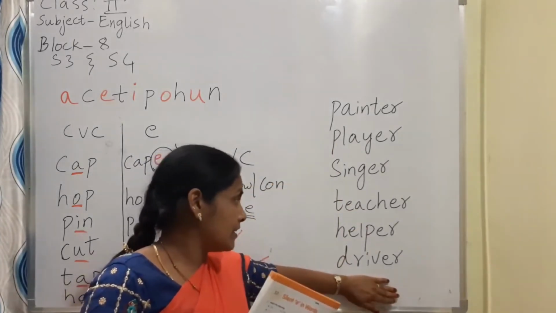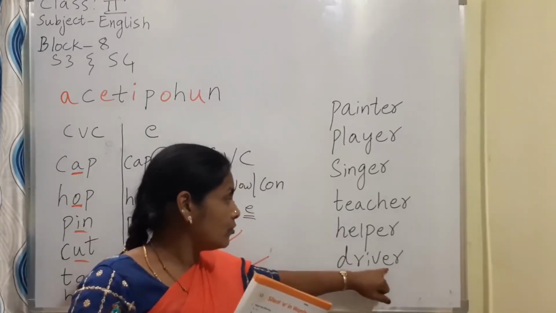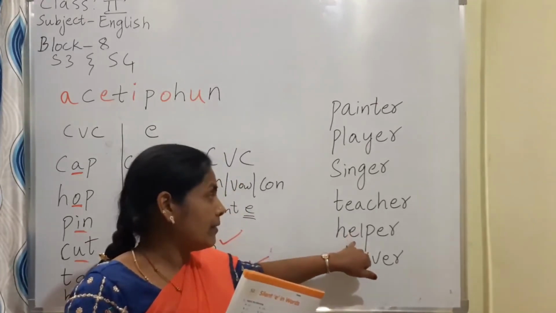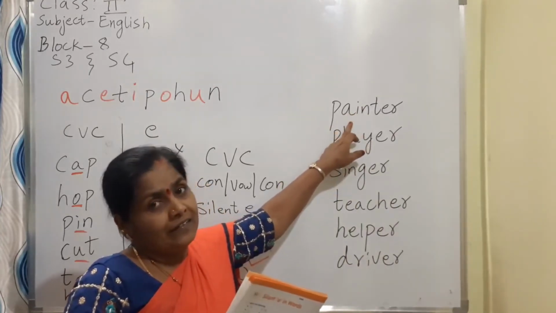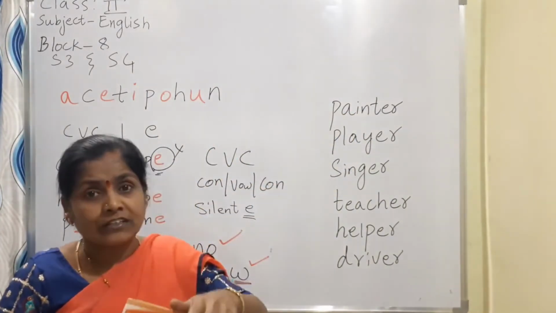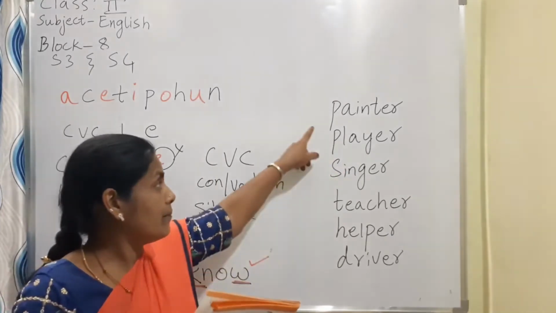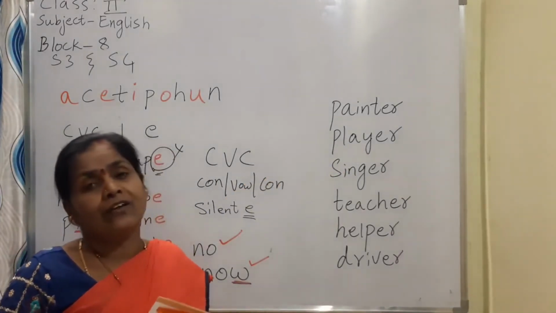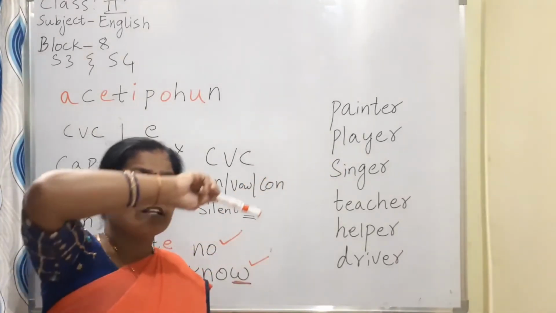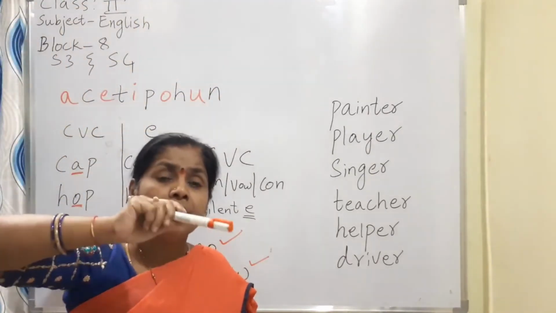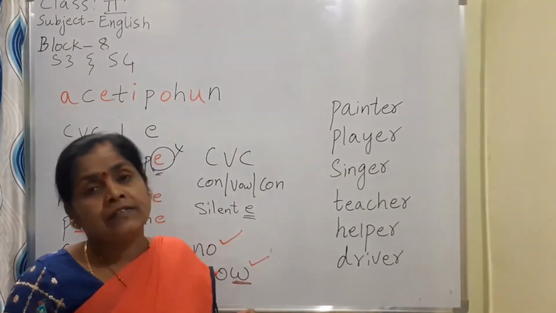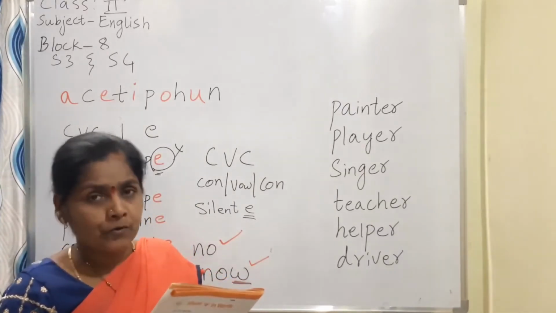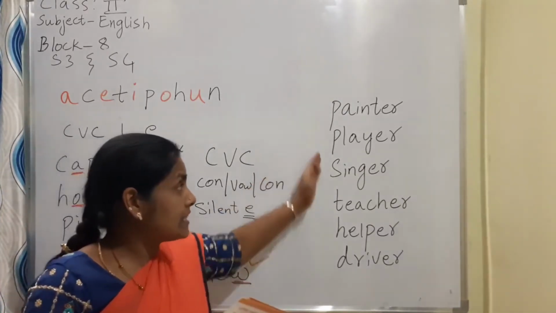If the driver is there, what will the driver do? Driving. What will the helper do? Helping. What will the painter do? Painting. As I have given for the dancer, dancing, in the same manner for this also you should write down the words and fill up all the web. And in the same manner as I have written the poem, you should write down the poem. So here the list is there.